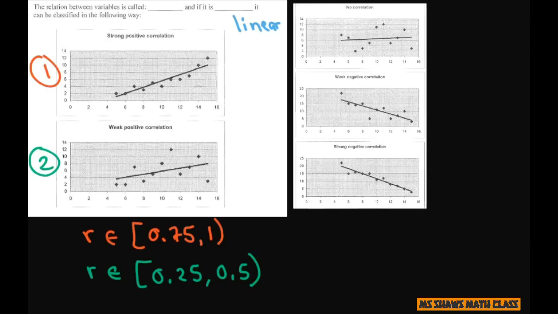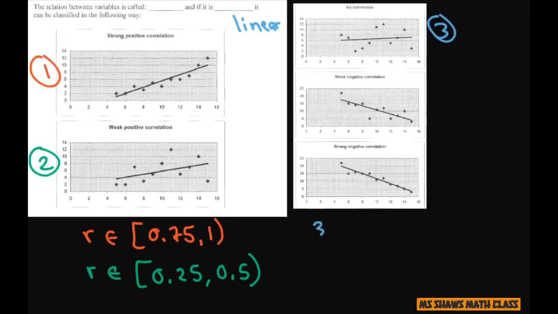Now for these, we have no correlation. If there's no correlation, then R, and this is read as an element of, is between negative 0.25 and 0.25. I'm going to write that down here. So this is number 3.